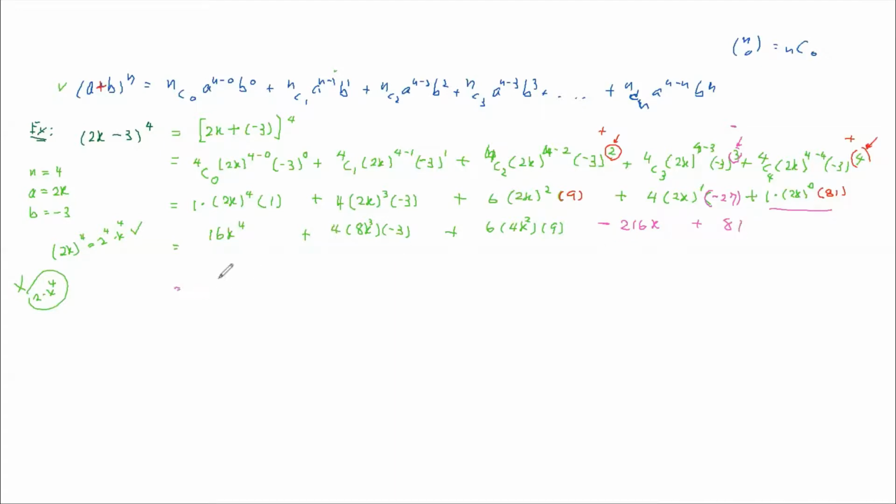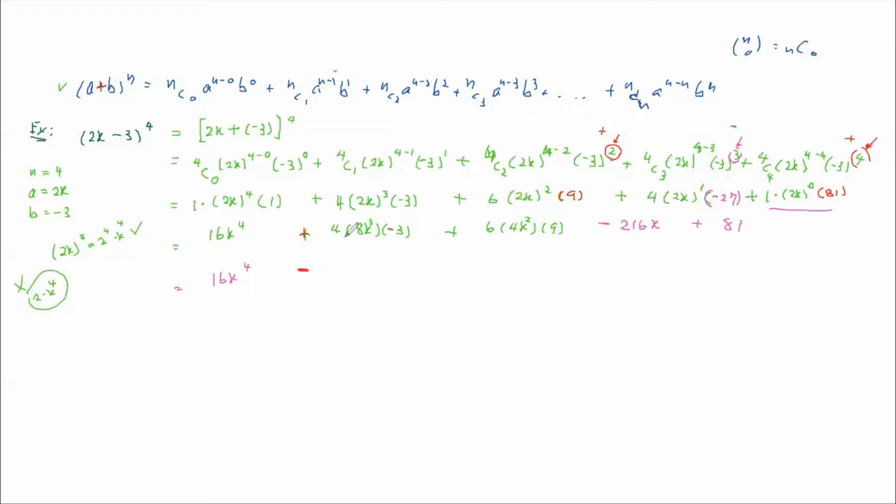Now the last step. We have 16x power 4. And this one, you see, plus times a minus comes out to be a negative sign. Don't forget, this one should be minus, because this one is minus and this one is plus, so it comes out as minus sign. Okay, then you can do 4 times 8 is 32, x power 3. Oh no, 4 times 8, 32, times another 3 also.